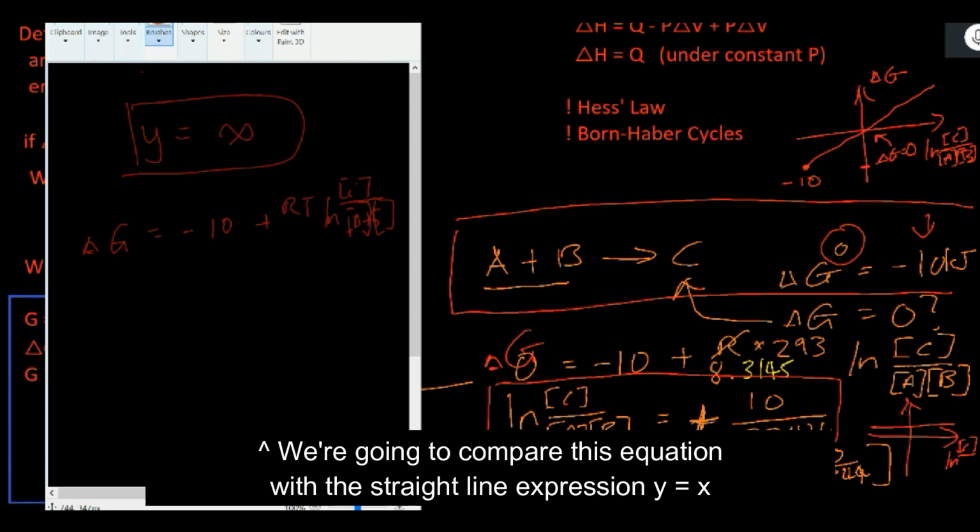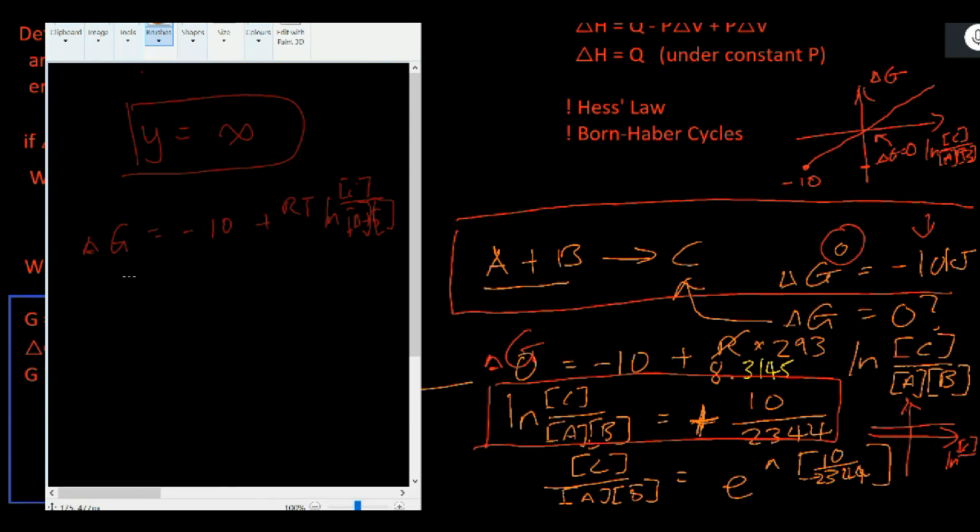We want to put ln on the x-axis. So Gibbs free energy y equals 2344 times that, minus 10.